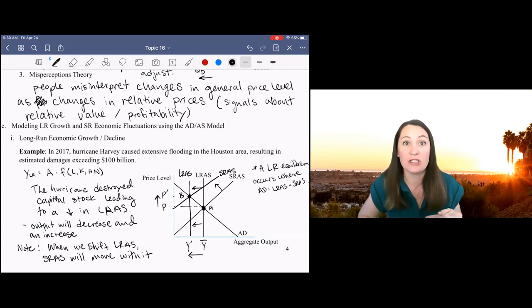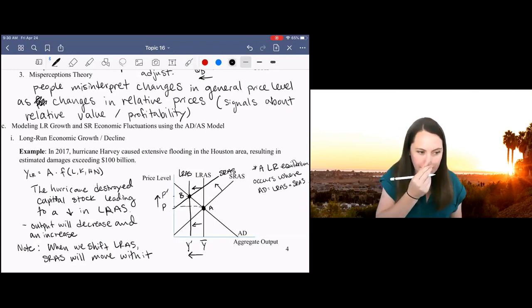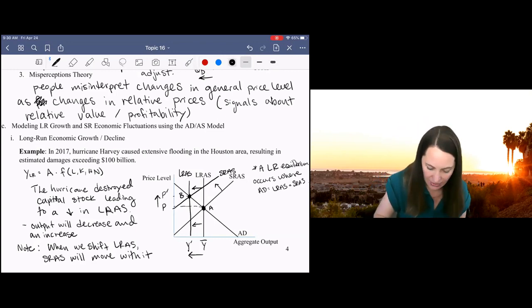Now, as Houston rebuilds, they will probably regain productive capacity, and long run aggregate supply would again shift out, okay? So I just want to make that distinction here before we move into our short run aggregate supply shock and aggregate demand shock examples. All right, so we've got a decrease in output and an increase in price level.